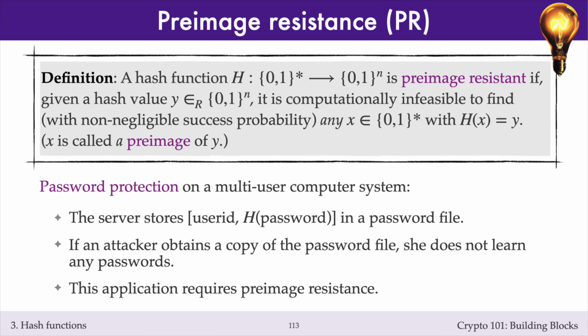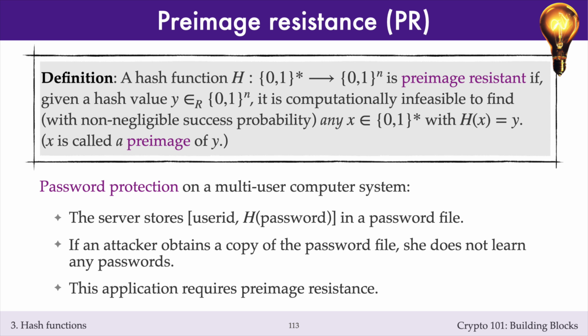Preimage resistance is required if hash functions are used for password protection on multi-user computer systems. In this application, the server stores user IDs and hashes of passwords of users in a password file. When a user wishes to access the server, she enters her user ID and her password.